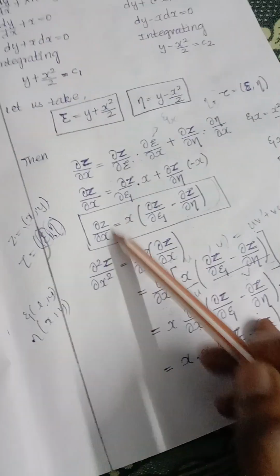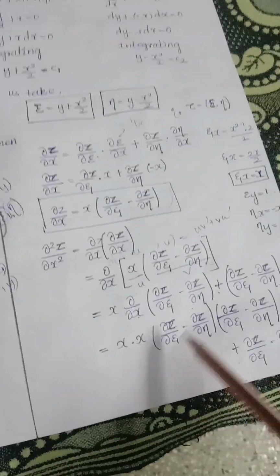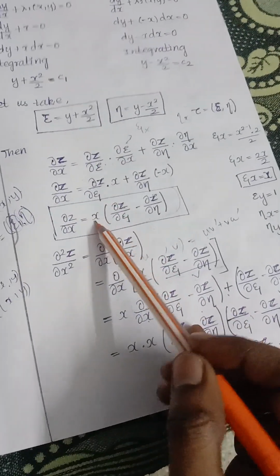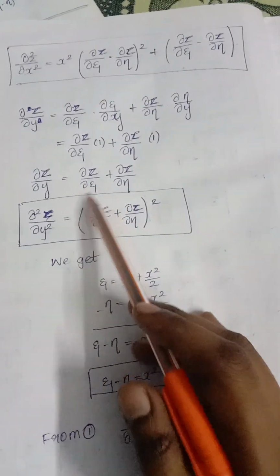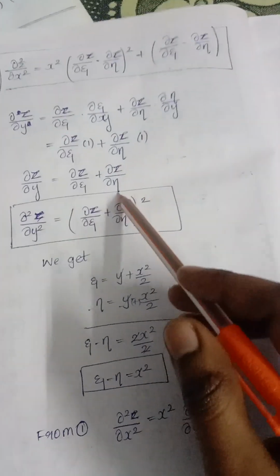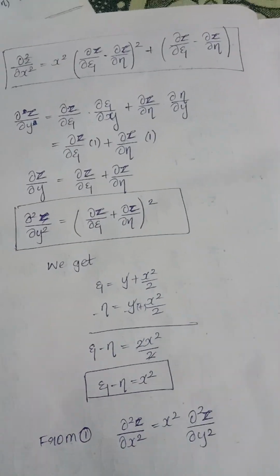So if we substitute, we get this term. There we differentiate this one; it would change into another form because we have x, but here we don't have any y value. So if we differentiate, we get this term.